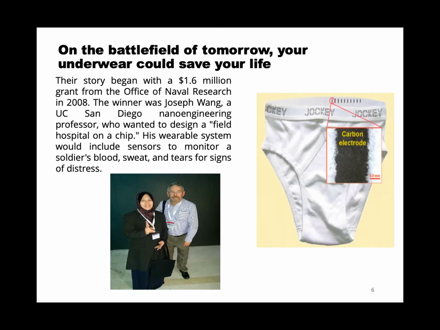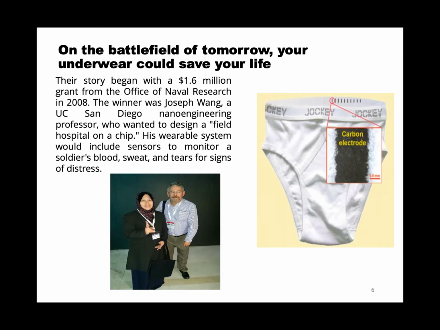Means that it is for soldiers, if they are under certain conditions, they can't call for help, but at least the indicators, where of course underwear is where there are a lot of secreted biochemicals from our body.